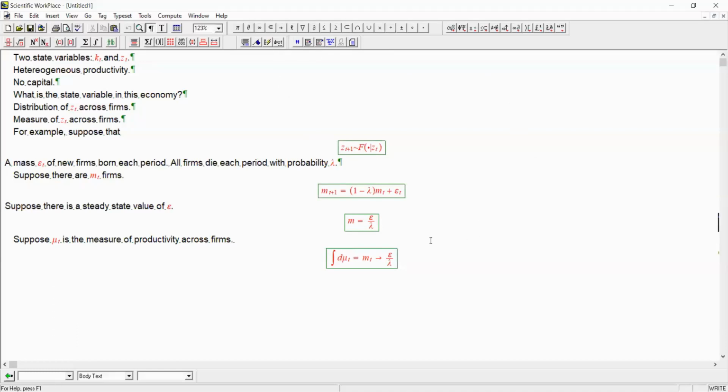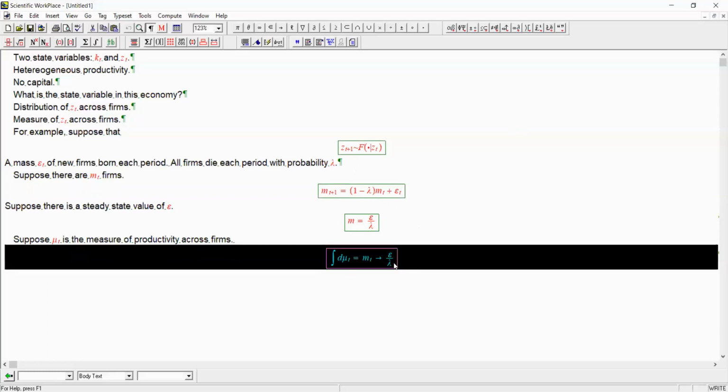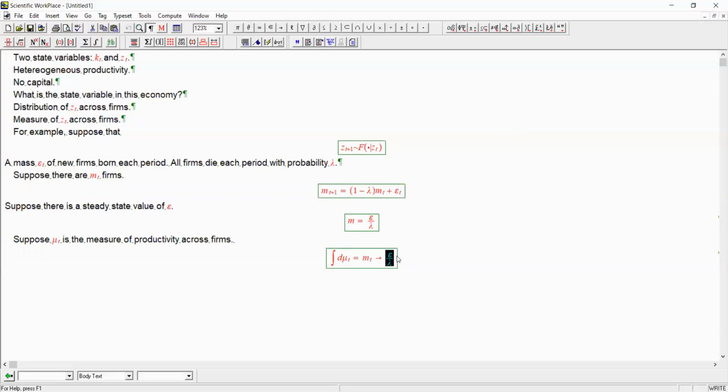Of course, we would like to characterize this full measure more than just knowing what its overall mass converges to.